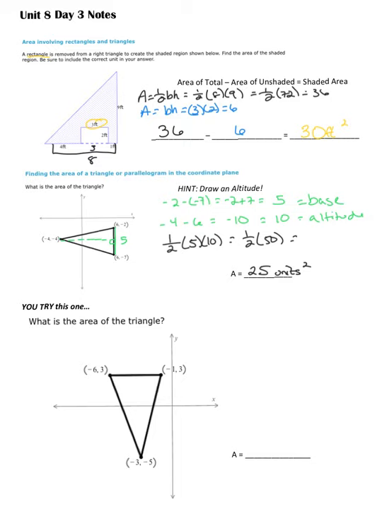The distance of this side, the length is 5. You draw the altitude from another vertex across to the base. Since we already found our base, you find the distance between the two x-coordinates, which is 10, and then you plug it in the formula. We're going to do that same concept down here.